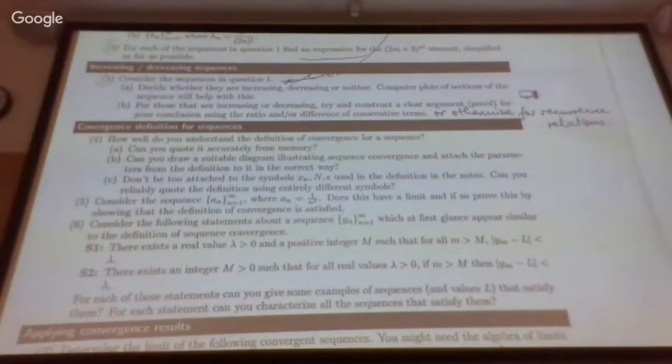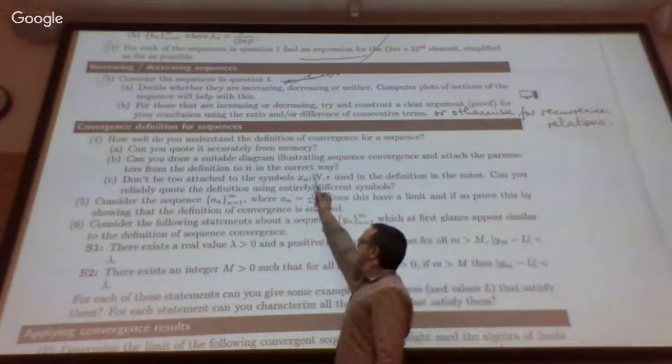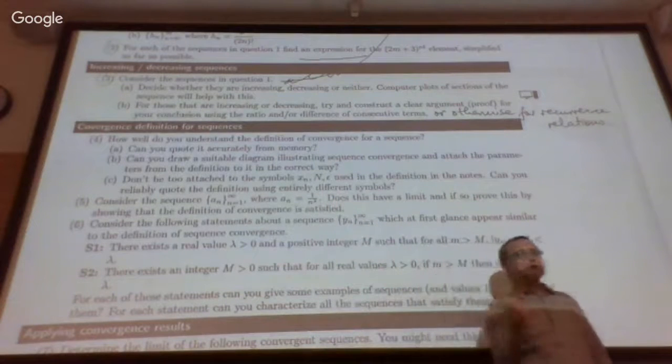One thing you should be aiming to do is to be able to quote it accurately from memory. You should be able to reconstruct that kind of diagram I drew there, or some equivalent diagram, meaning to be able to take those parameters in the definition and know what role each of them is playing, and put it together in some sensible way. Also, although they're nice and traditionally used for this purpose, don't get too attached to these particular symbols, x_n, n, and epsilon.